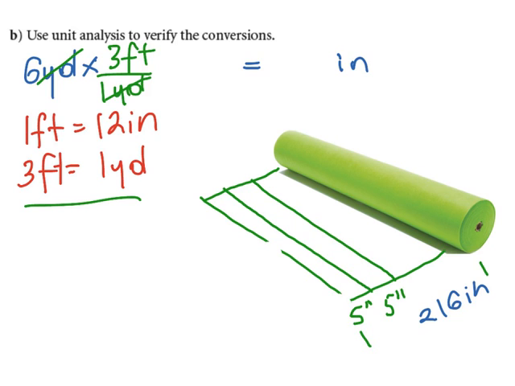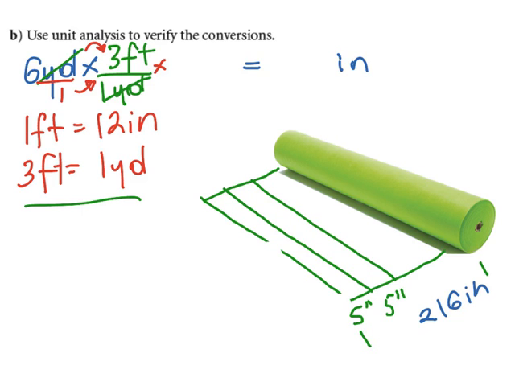However, we have to convert to inches. So let's set up our second ratio to multiply. This time we're looking for inches, so we're going to put 12 inches in the numerator and the 1 foot in the denominator. Since again we're multiplying the top with the top, the bottom with the bottom, feet will cancel, and we're only going to have inches left.